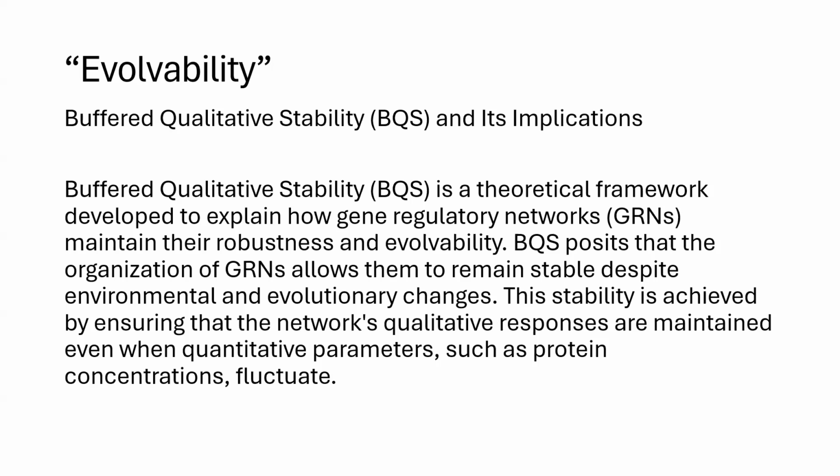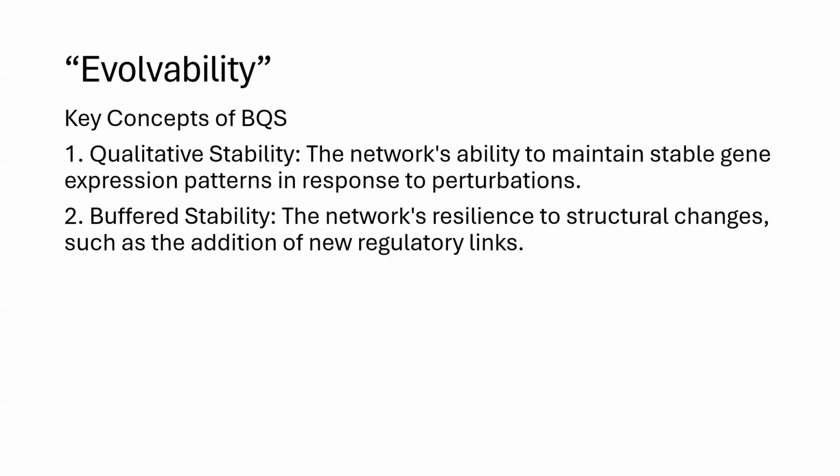But the buffered qualitative stability idea posits that the organization of gene regulatory networks allows them, there's the allow, to remain stable, that's resilience, despite environmental and evolutionary changes. This stability is achieved by ensuring that the network's qualitative responses are maintained, even when quantitative parameters such as protein concentrations fluctuate. What the heck does that mean?